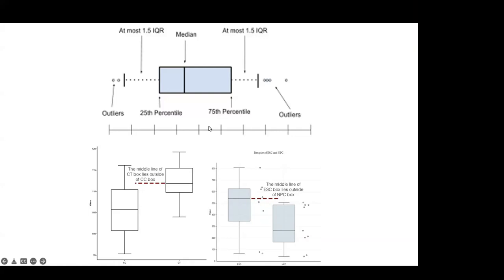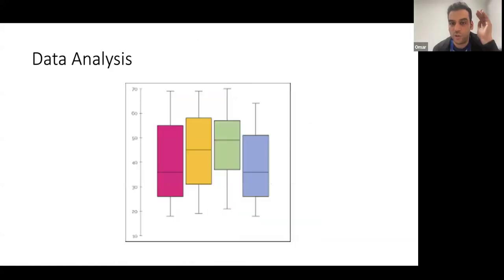Yeah. When you have your interquartile range, another useful thing about box and whisker plots, and I'm a big fan of box and whisker plots, is the other thing that you can tell when you're looking at this is, number one, not just if there may be a statistically significant difference. So here, the blue and the green, there probably is a difference between the blue and the green groups, because this median sits below the lower quartile of the green box.